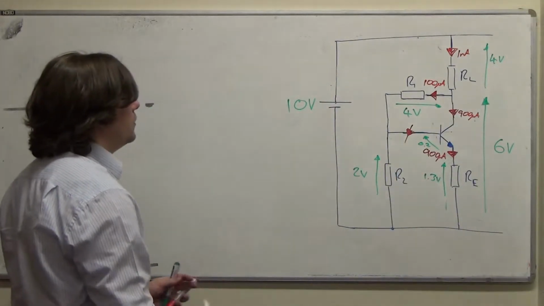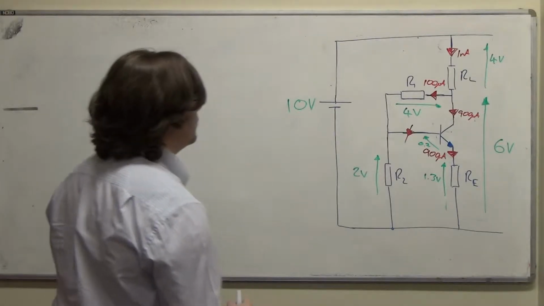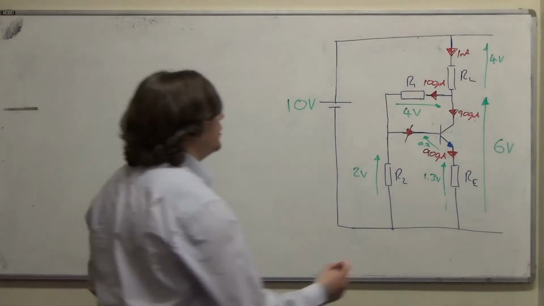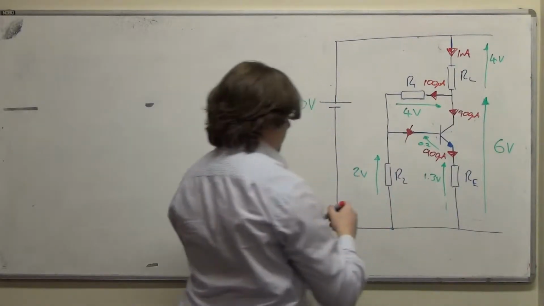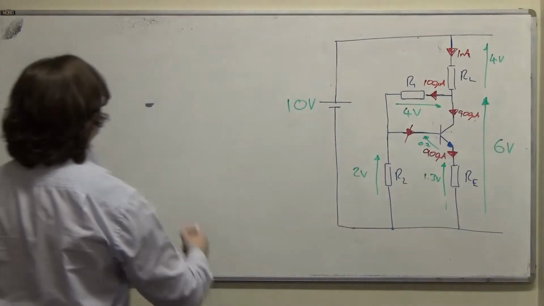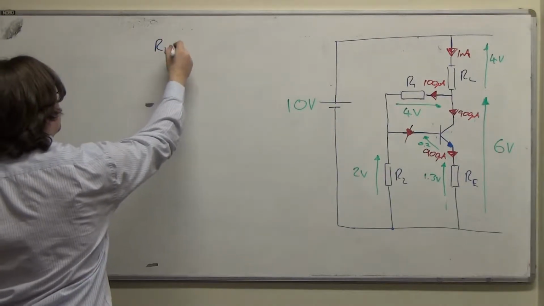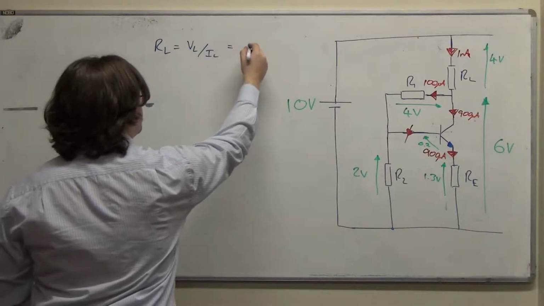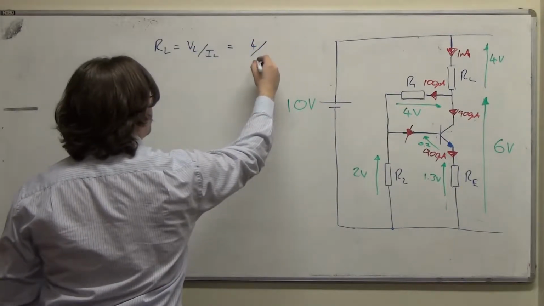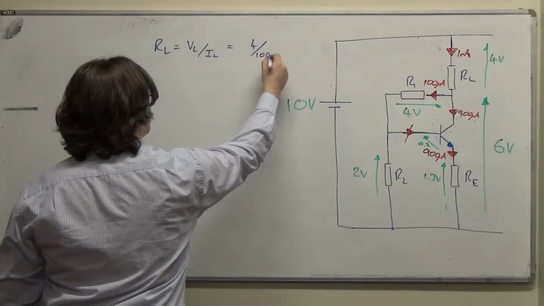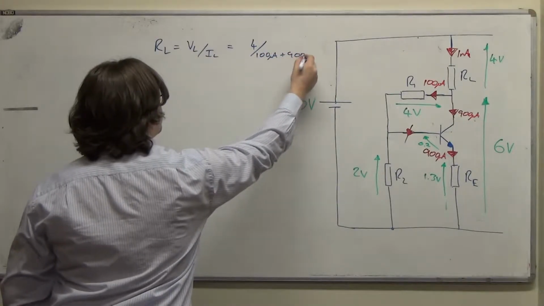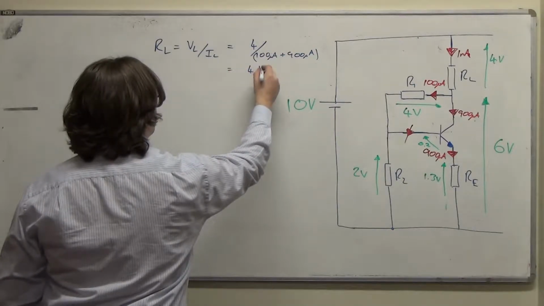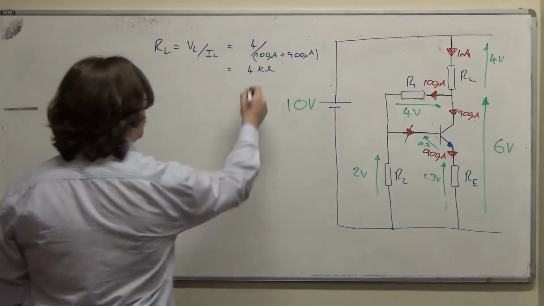Alright, so already I can say, well, I know what RL is going to be. It's going to have to be 4 kiloohms, because if I apply Ohm's law to RL, RL is VL upon IL, which is 4 volts upon 100 microamps plus 900 microamps, which is a milliamp, which is 4 kiloohms.